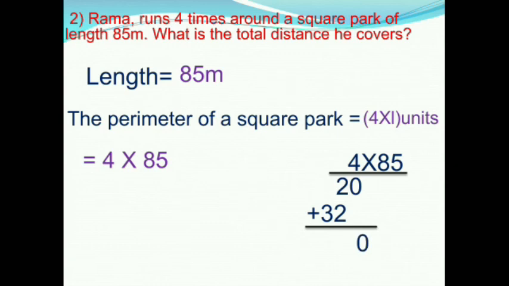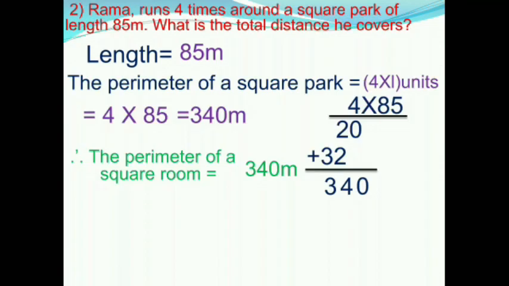Next we have 2 and 2. 2 plus 2, 4. Next we have only 3, so we should write 3. Therefore 85 fours are 340. Therefore the perimeter of a square park is equals to 340 meters.